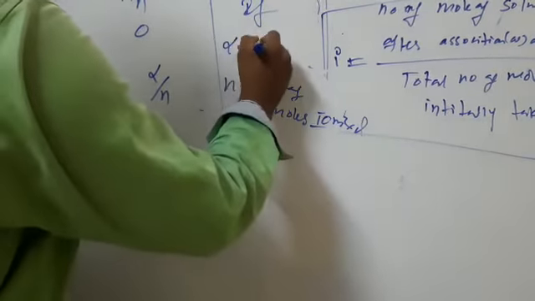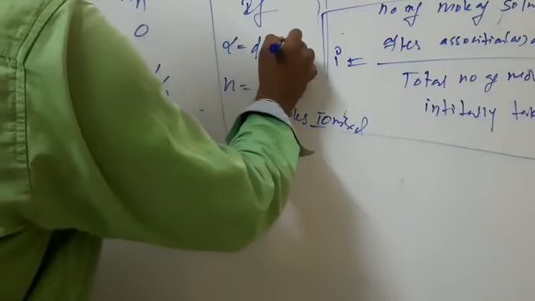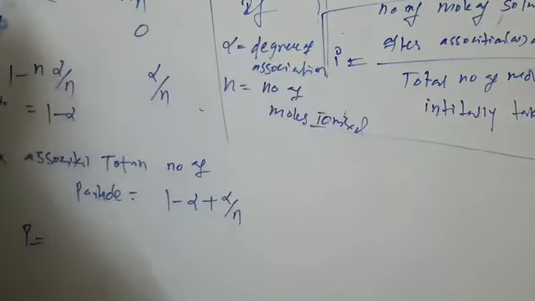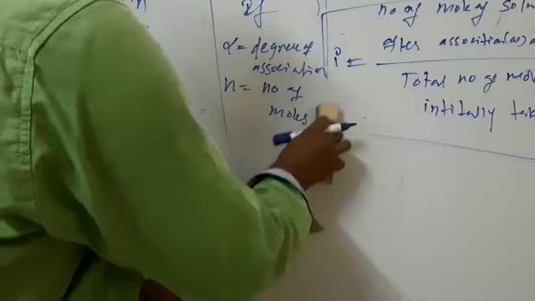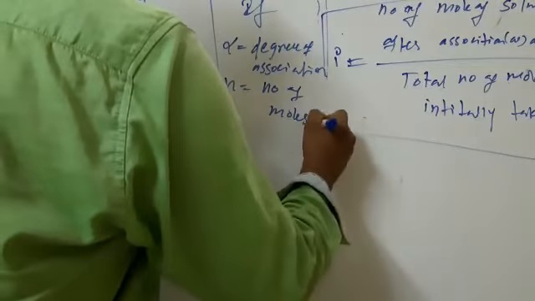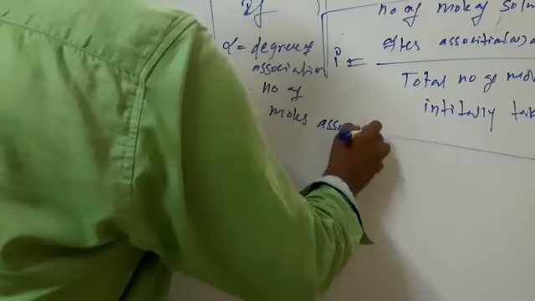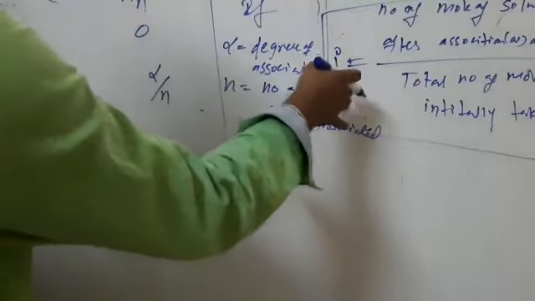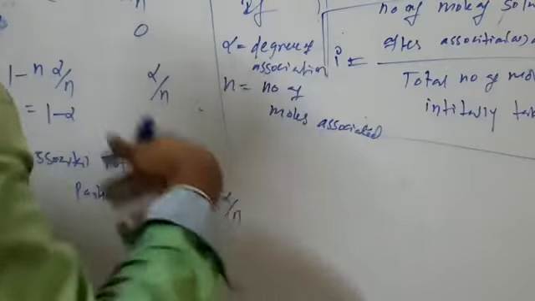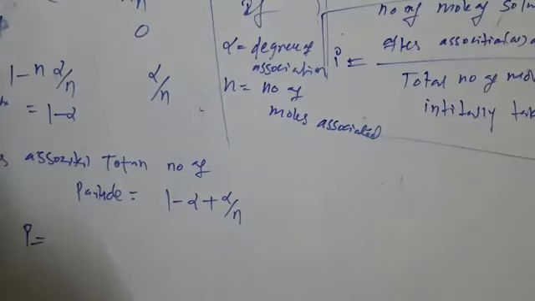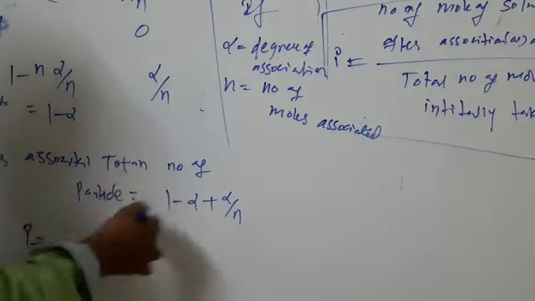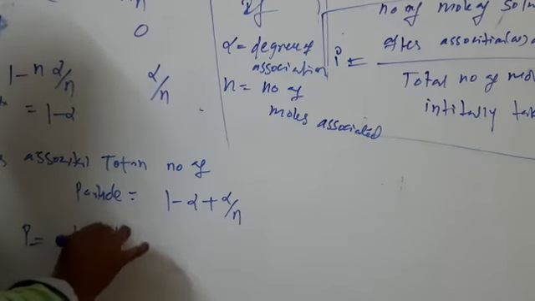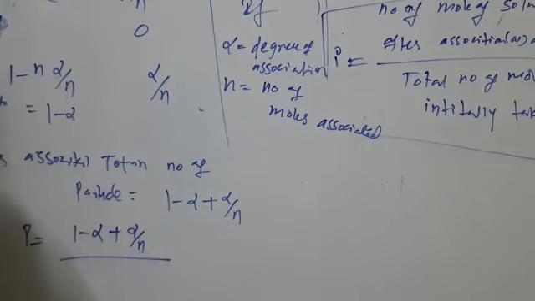Here alpha is the degree of association, and n is the number of moles of solute associated, not ionized. So i equals the total number of moles after the process, 1 minus alpha plus alpha by n, and initially only 1.